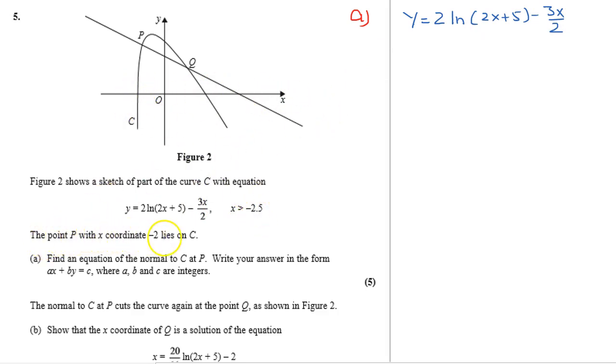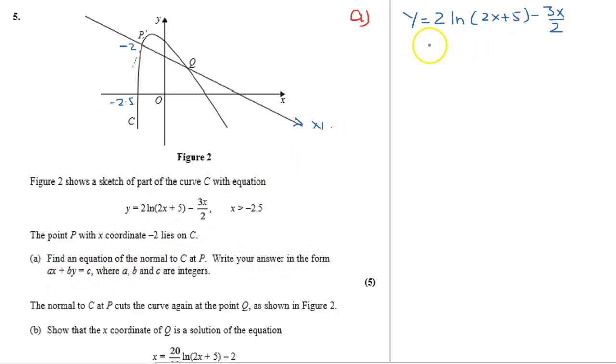The point P has x coordinate minus 2. So this is minus 2 and this is minus 2.5. These are the coordinates. Find the equation of the normal to C. This is a tangent and this is a normal. Write your answer in the form of this.